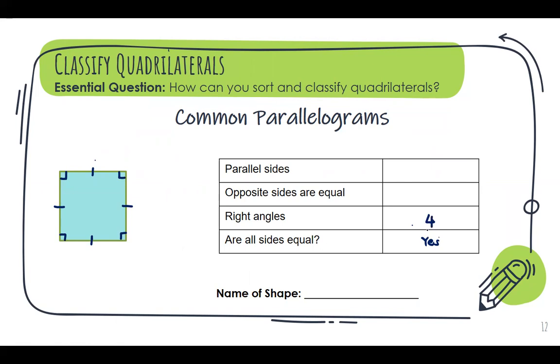Since all of the sides are equal, we can say as well that opposite sides are equal, so this side is equal to this side. So, we have 2 pairs of opposite sides that are equal. Then, parallel sides, there are 2 pairs, always 2 pairs because we are talking about parallelograms.